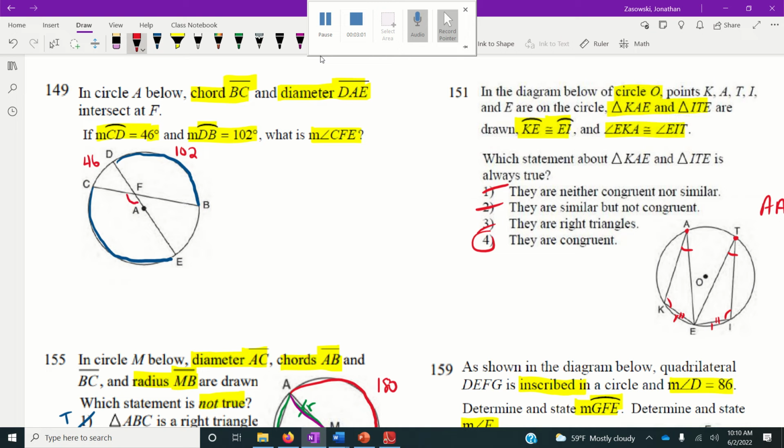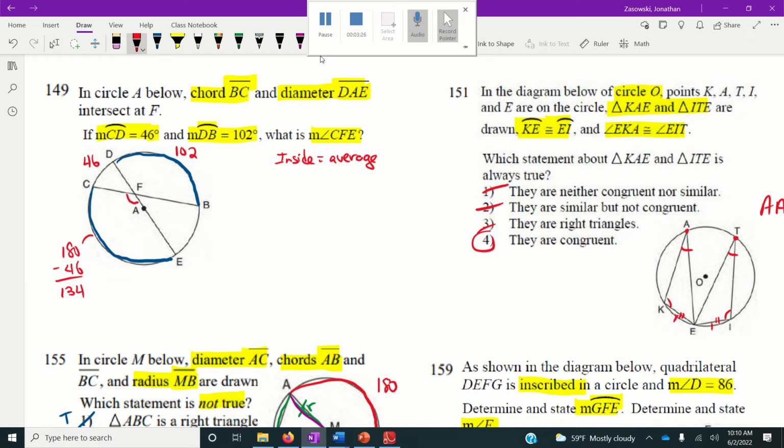So remember, this angle is inside the circle. The vertex is inside, and inside, remember, is the average of the arcs. Now, because the angle is here, the two arcs we're using are DB and CE here. So the first thing we need to do is figure out the measure of this arc. And since this is a diameter here, we can just do 180 minus 46 to get it, which is 134.